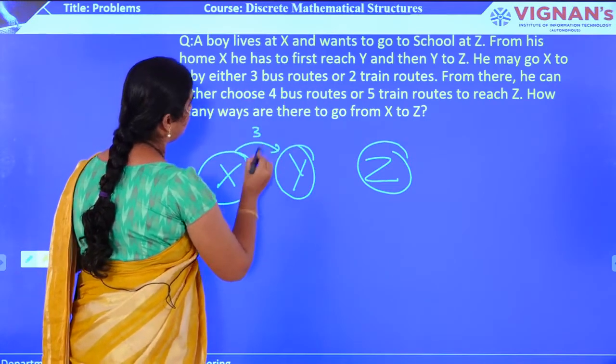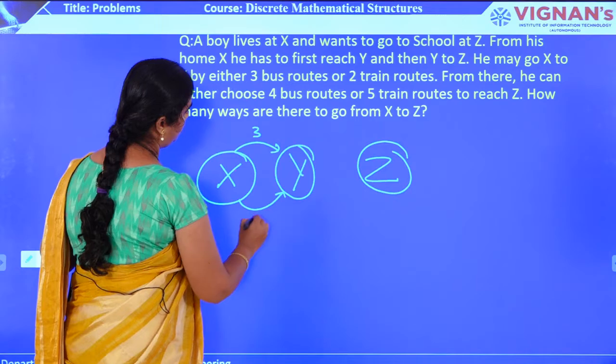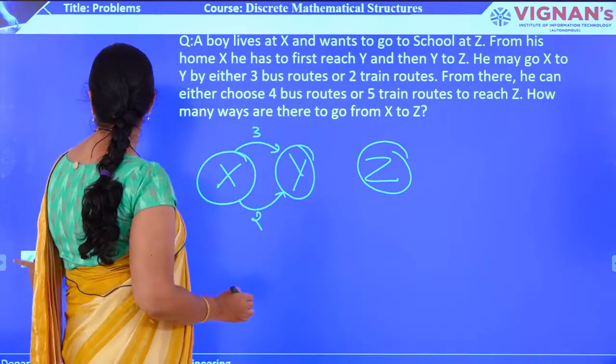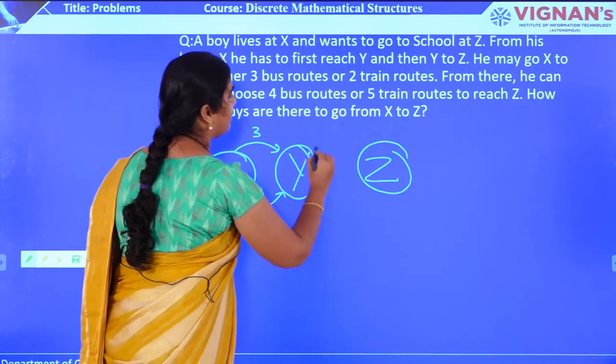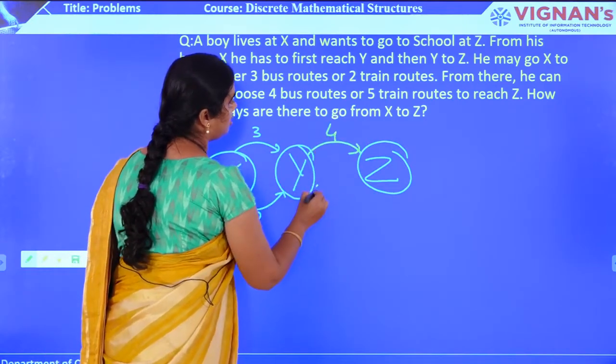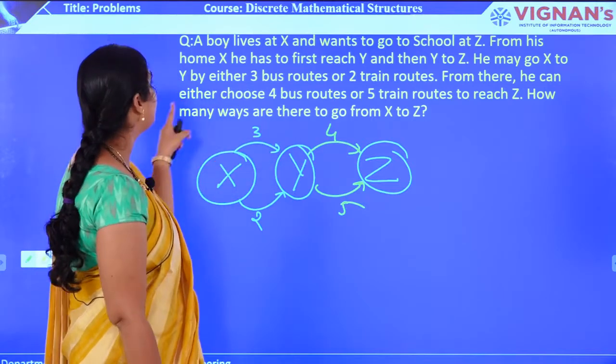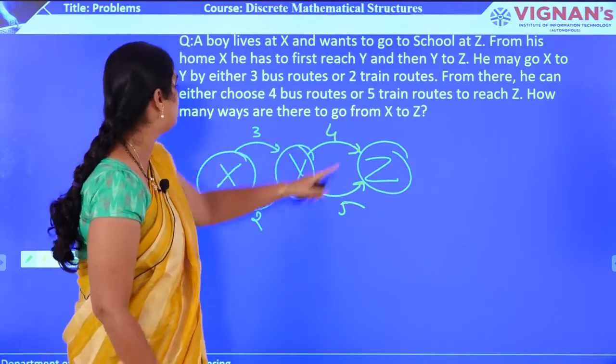From there he can choose either 4 bus routes or 5 train routes to reach Z. Then how many ways are there to go from X to Z?